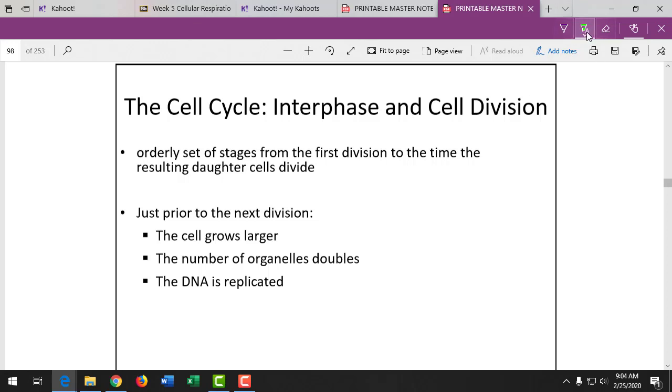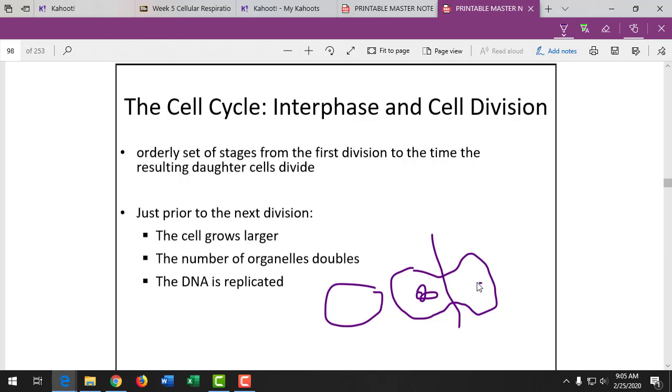Because what we have is you have one cell like this, and then as mitosis continues, that cell starts to pinch in the center, and it's eventually going to divide into 2. So if this cell is going to divide into 2 cells, we need some DNA for this side, and we need DNA for this side. So in order to get 2 copies of DNA, we have to replicate that DNA.